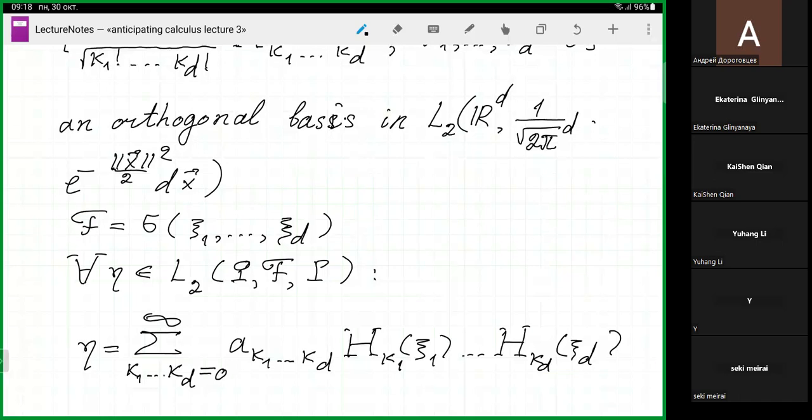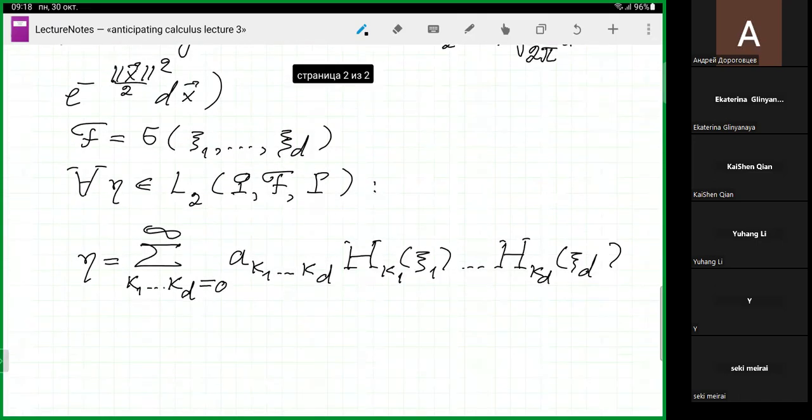To do that, it is convenient to start from the function which we already introduced in the previous lecture and called the stochastic exponent. So let us try to understand which kind of expression we have for the stochastic exponent.